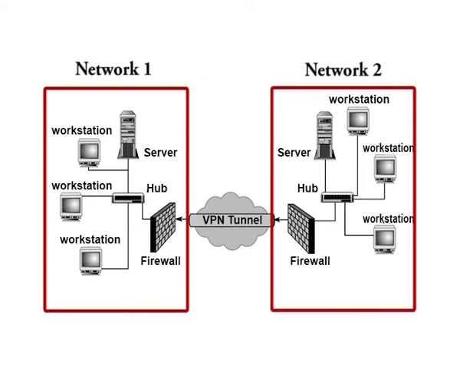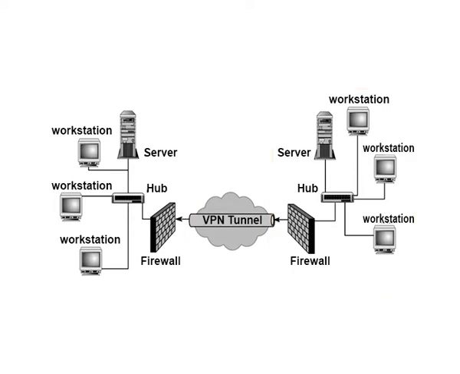The two networks in the figure shown on the screen are interconnected via a VPN that is terminated at either end by a firewall. The firewall in this example translates any packet that is destined for the remote network into encrypted form, and it adds a new IP header to the resultant payload with its own IP address as the source address and the remote firewall address as the destination IP address of the packet.